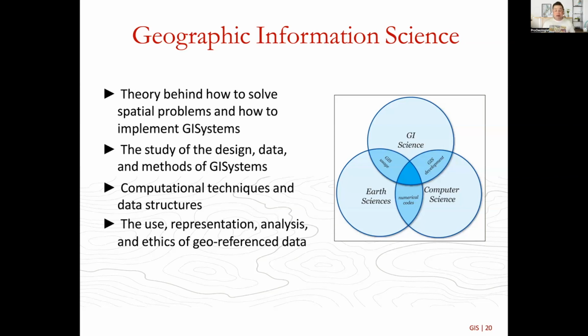You may be using machine learning, or ML, and artificial intelligence systems to help you remote sense or identify pixels or certain aspects within a data set. All that being pulled from the GI system and integrated through GIScience to be put back into storage within the system. So the general use and representation of such analyses and even ethics of georeferenced data tie into GIScience.